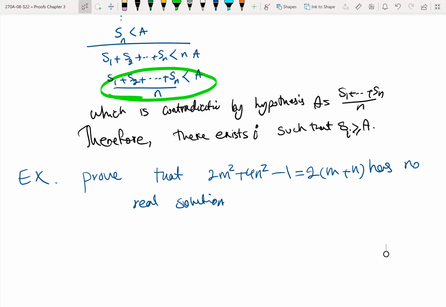Move everything to one side. Set it equal to 0. You're trying to actually solve it, but there are two main variables, m and n, and you can't solve for two variables, right?